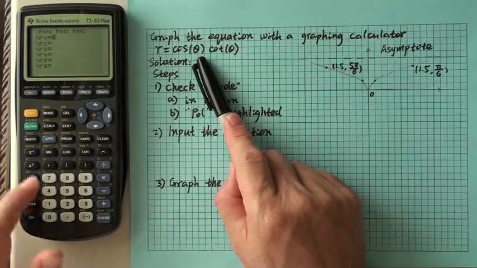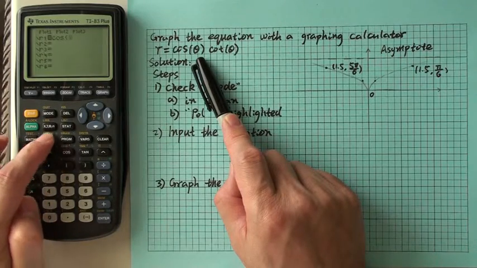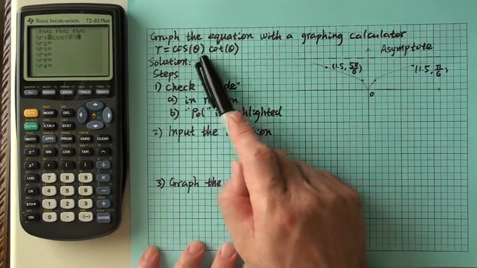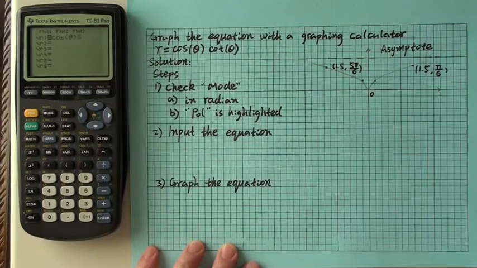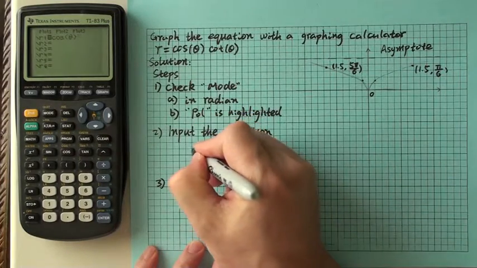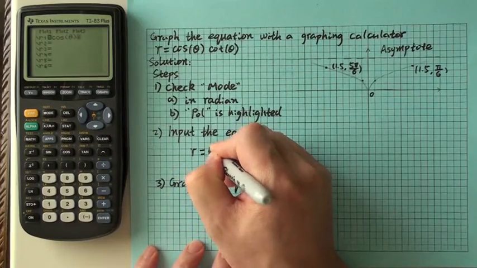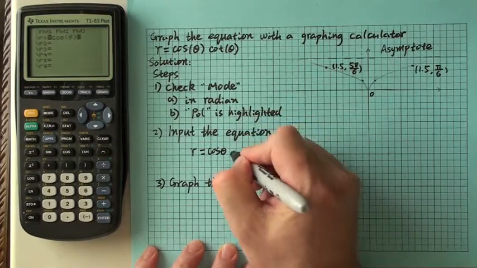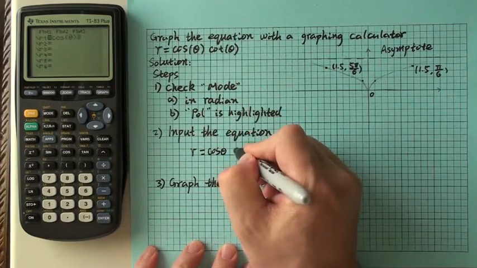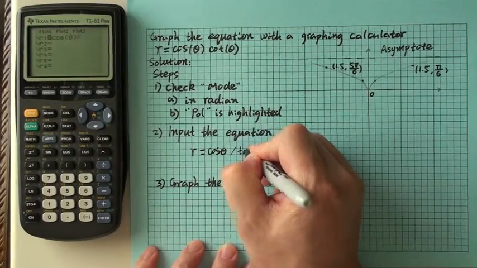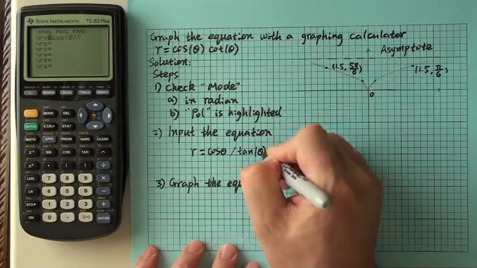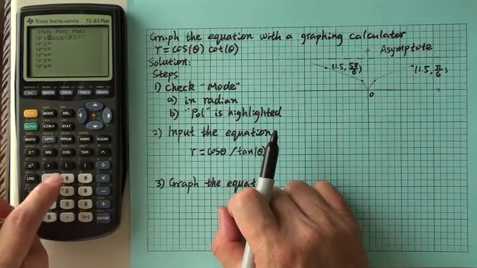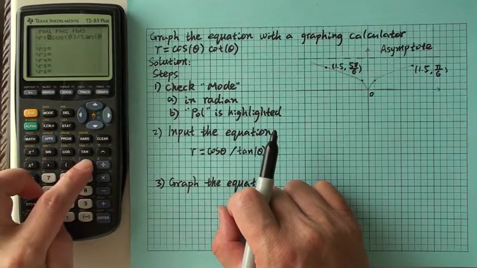Cosine theta we can put in, so you hit the cosine key, but we don't have cotangent. Cotangent is the reciprocal of tangent, so you may say cosine theta divided by tangent theta. That's important. So divided by, and then you put tangent theta, close parenthesis.